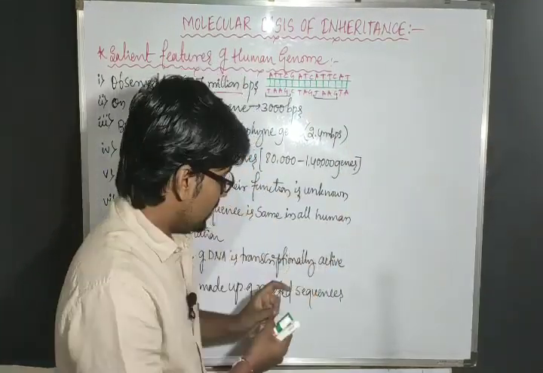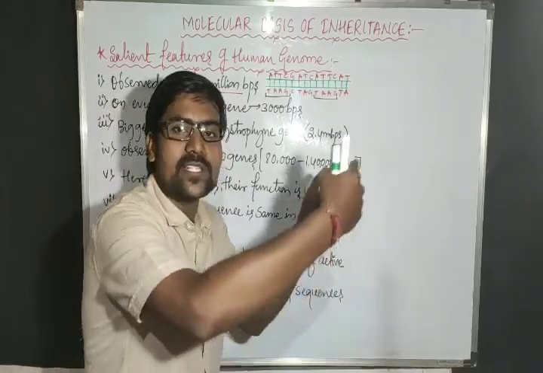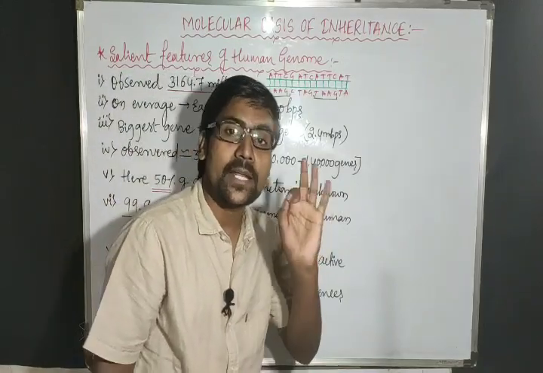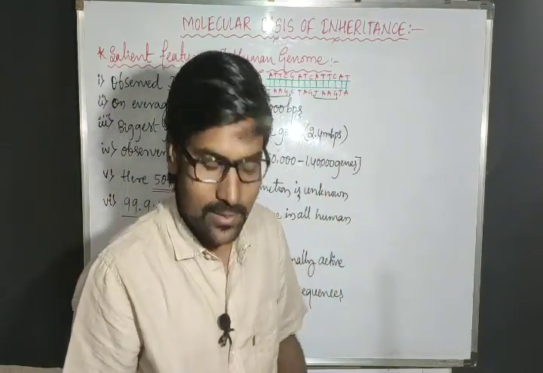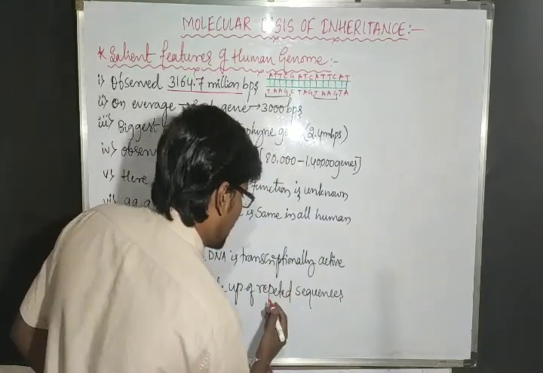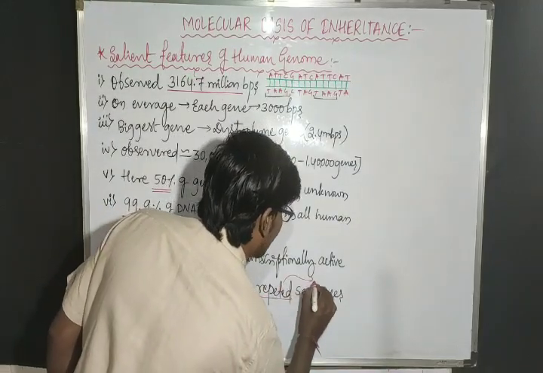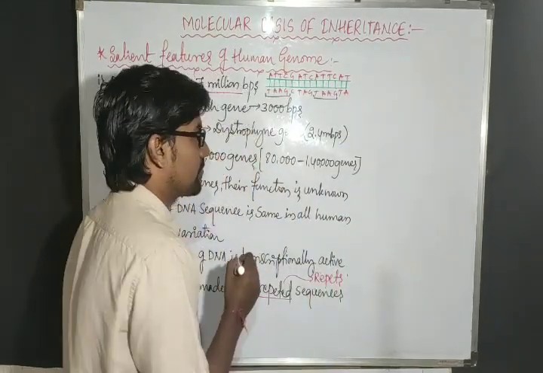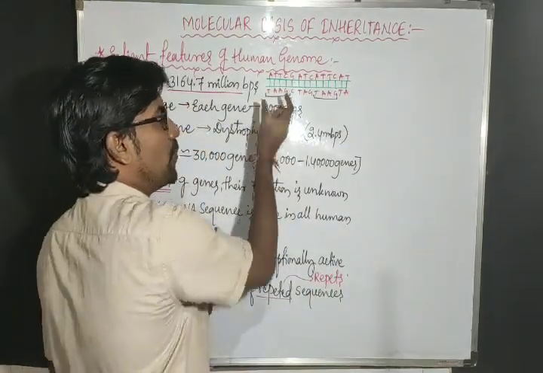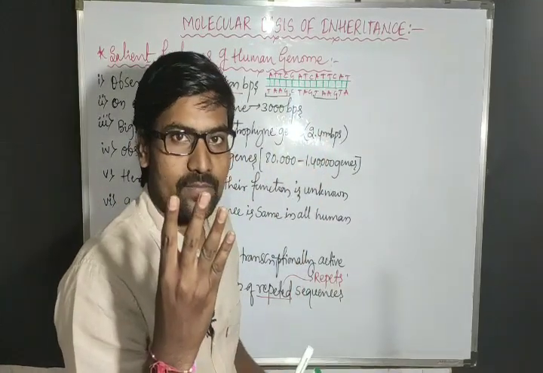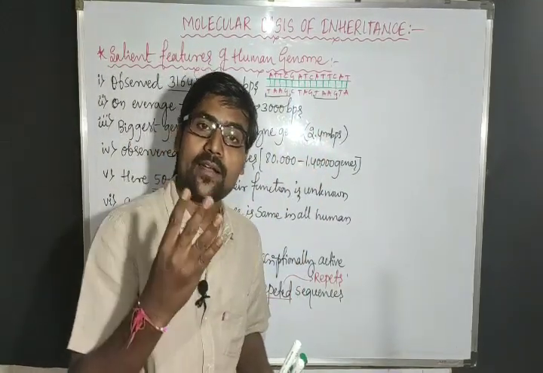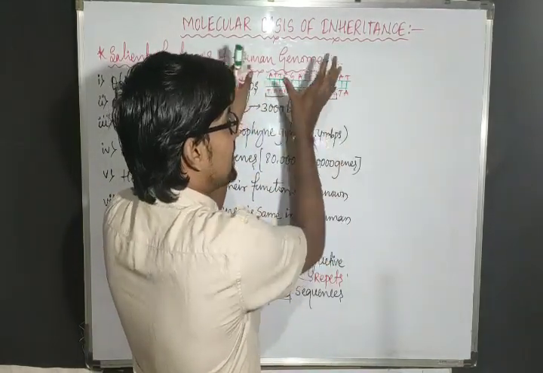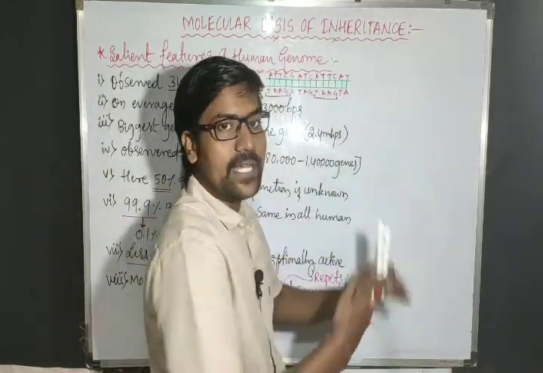Like that, many sequences are repeated many times, and those sequences we will refer to as repeats. I told you 4 base pairs, but sometimes it may be 100, sometimes it may be 1000. Such a group of 1000 base pairs is repeated many times.